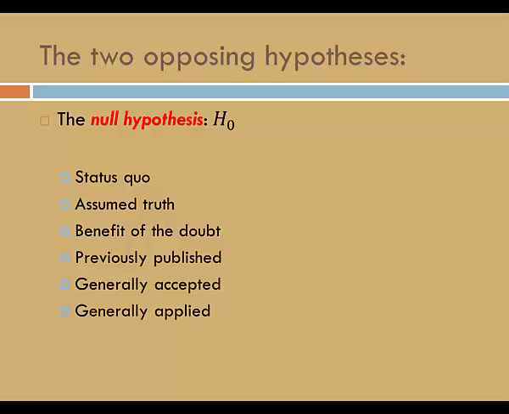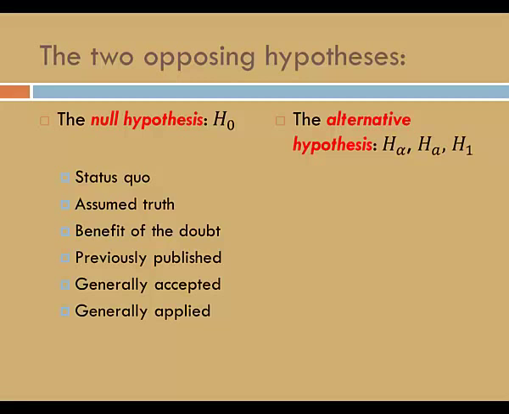We give the null hypothesis the benefit of the doubt. It could be that this is previously published information, a generally accepted value of the parameter, or a generally applied value of the parameter.